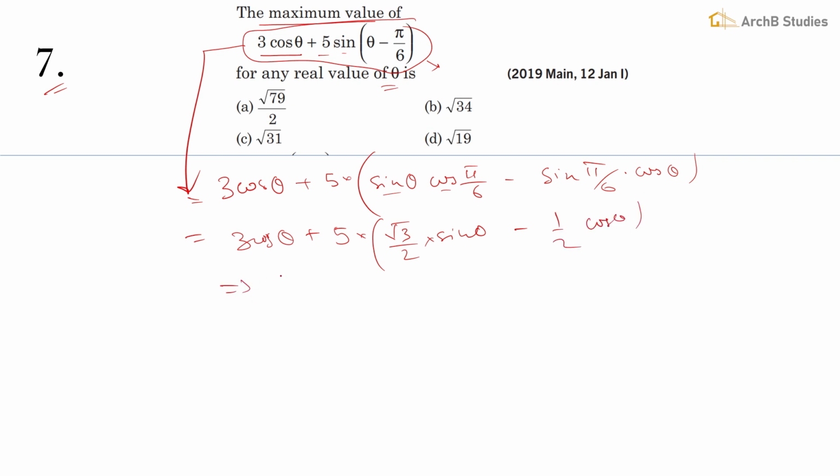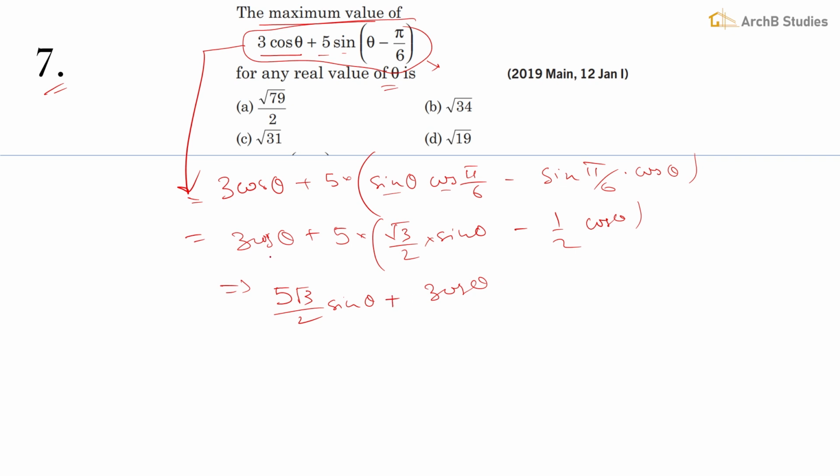This will be equal to 3 cos theta plus 5 times (root 3 by 2 sin theta minus 1 by 2 cos theta).